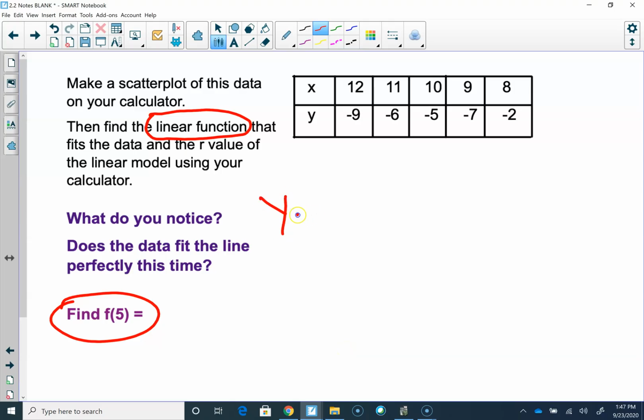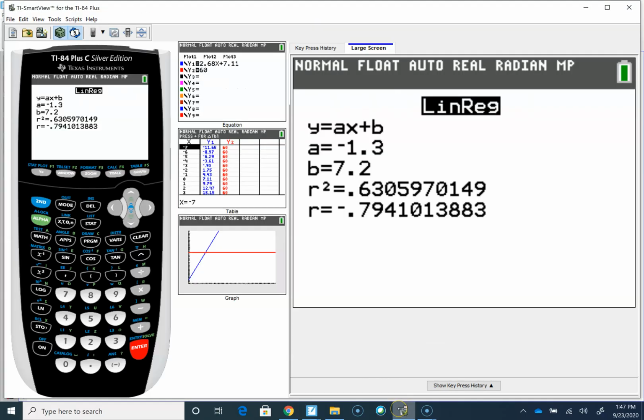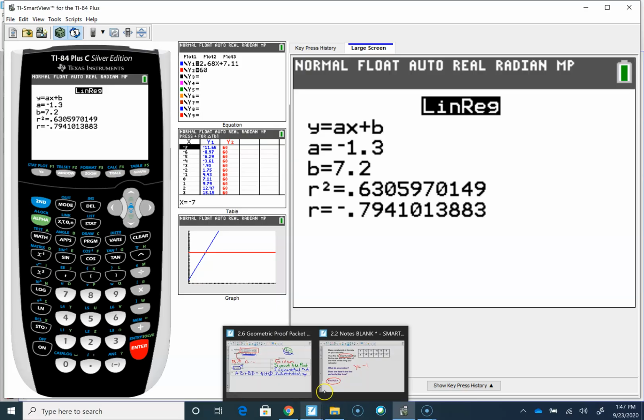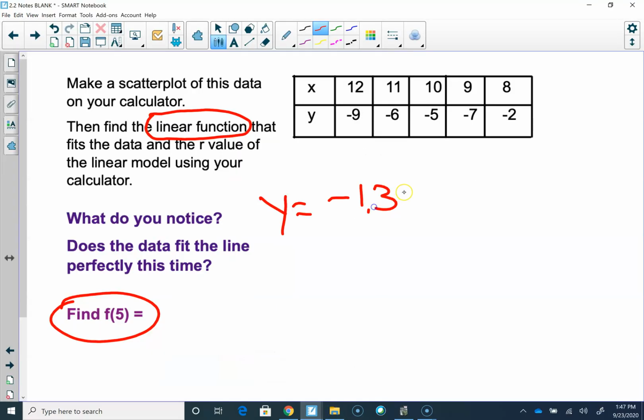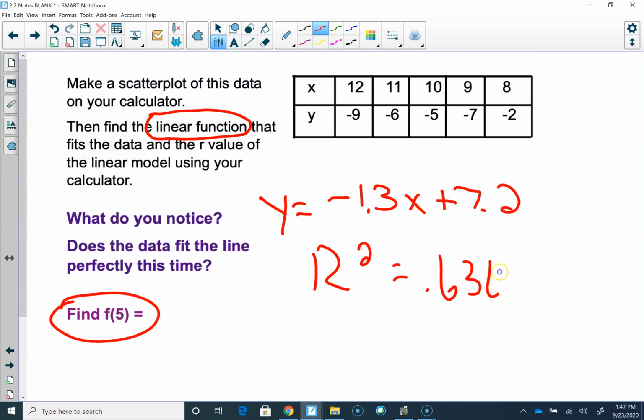So I've got y equals negative 1.3x plus 7.2, and the r squared is 0.6306. So in this case, these are not so lined up.